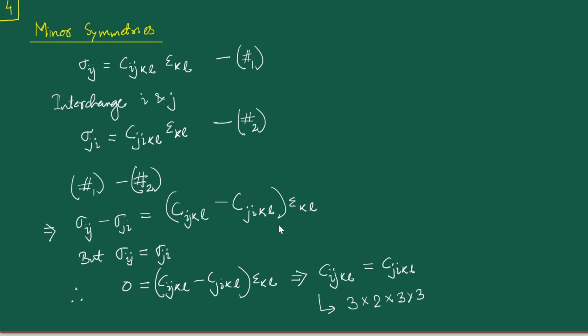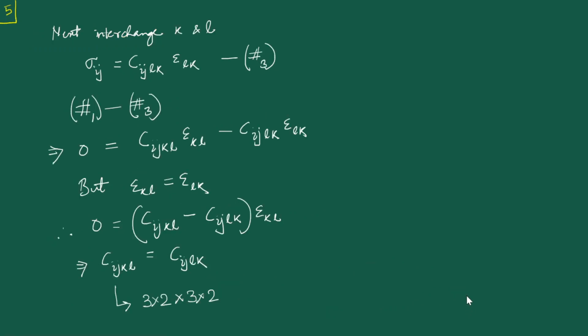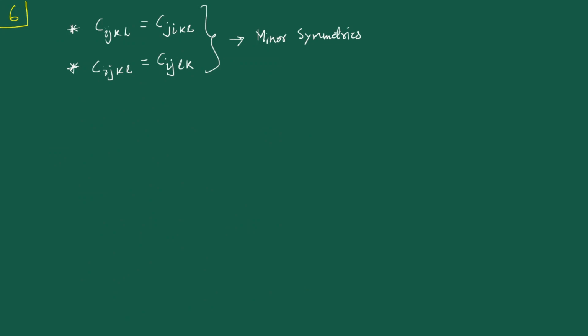If we take stock, at this place what we had was 3 into 2, 6, 3 into 3, 9, so it's 54 constants. So from 81 constants we have reduced it to 54 constants at this stage, and here we have further reduced it to 3 into 2, 6, 3 into 2, 6, equal to 36 constants. So from 81 it has been considerably reduced to 36 constants. All right, so this is the major benefit of the minor symmetries.